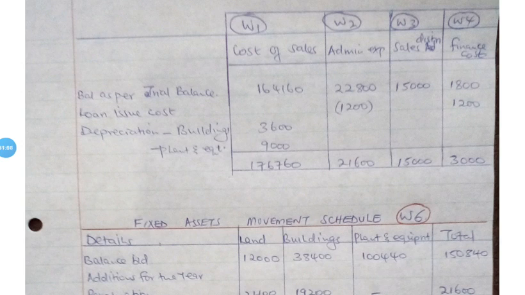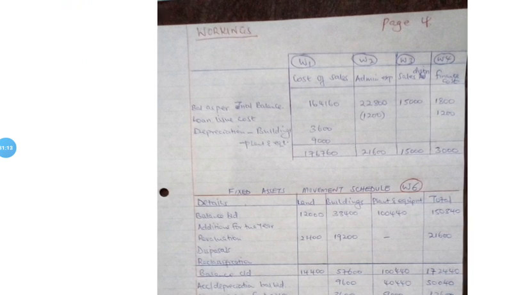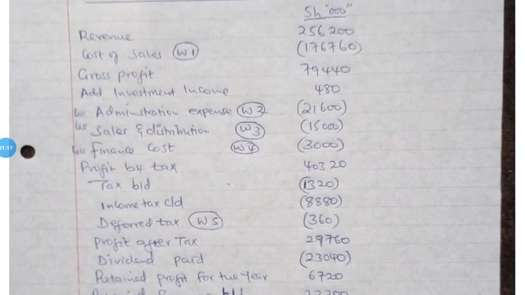Then you post these figures in the statement of comprehensive income, just the way they are, and remember to write the workings. So we have a cost of sales. That is how I got 1,767. Then revenue minus cost of sales, we get 79,440.